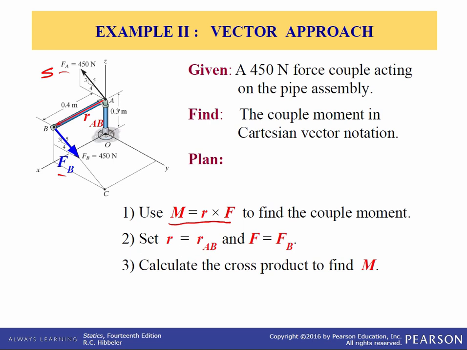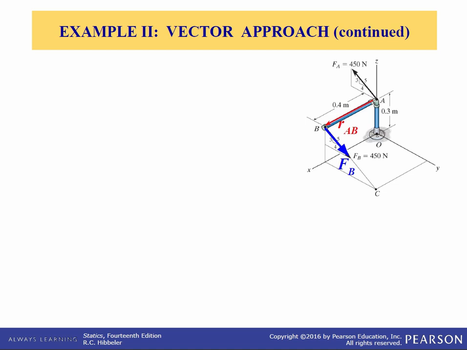We can set r equal to the vector going from A to B, and in that case the force will be F sub B. Or we could define r as r_BA. That means I'm on B here and I want to get to A. In that case we would use F equal to minus F sub A. And then we'll just calculate the cross product to find the moment.